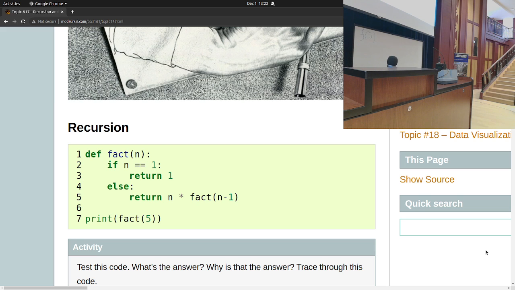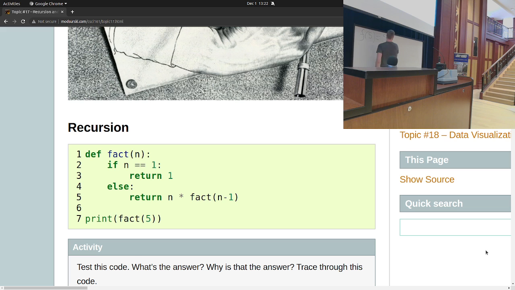Well, is n, which is 5, equal to 1? No. False, whatever. So we don't have to do that. So we go to the next thing. So what we're going to do is return 5 times fact of n minus 1. Well, that's interesting.